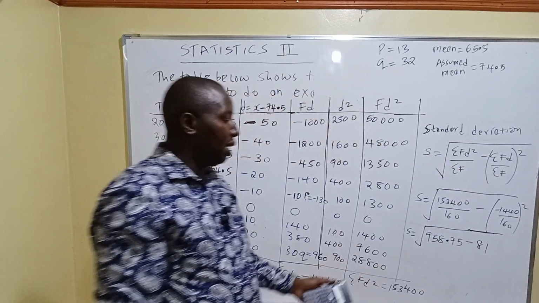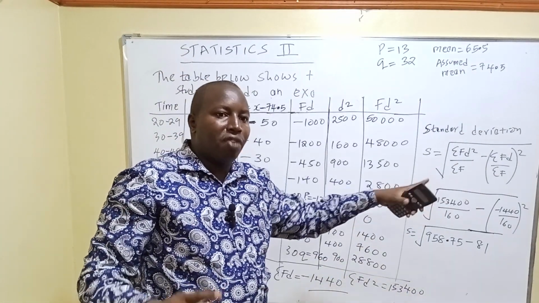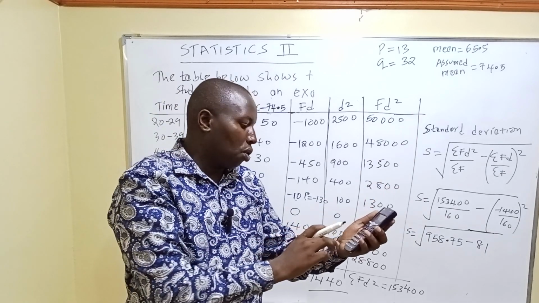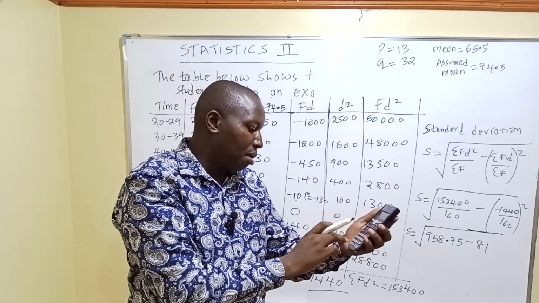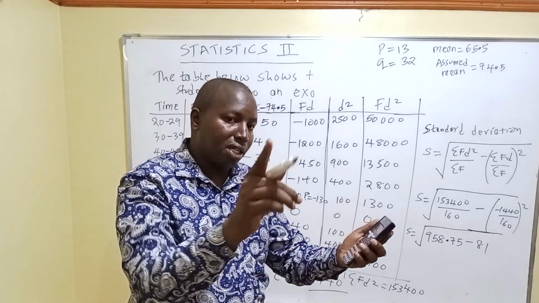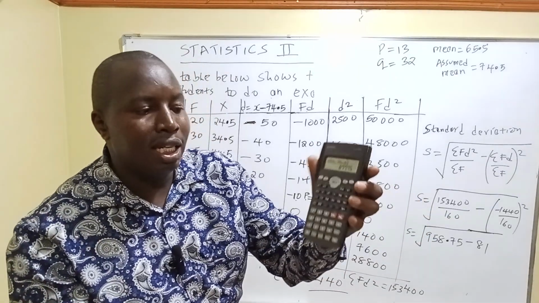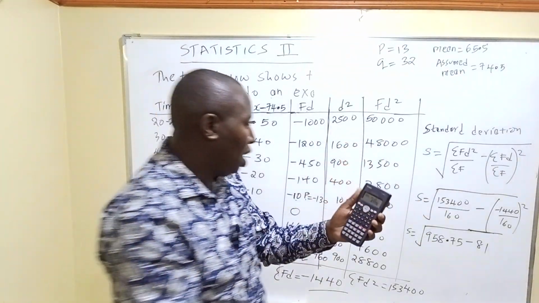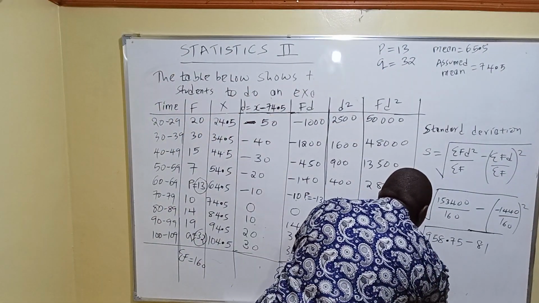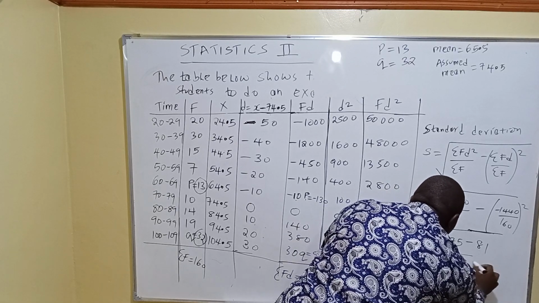You are subtracting 81. So 958.75 minus 81 gives 877.75.